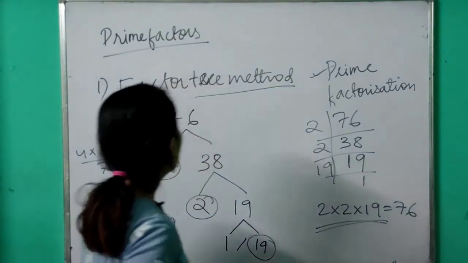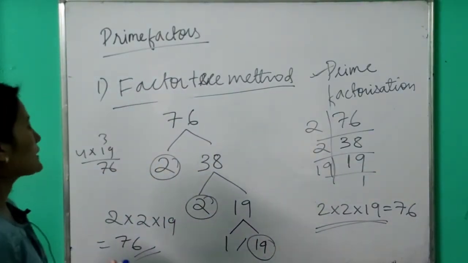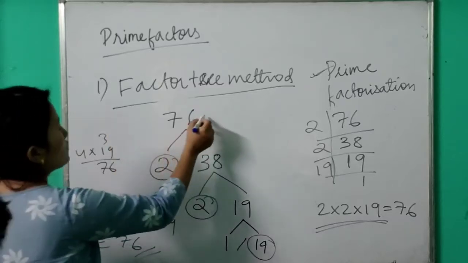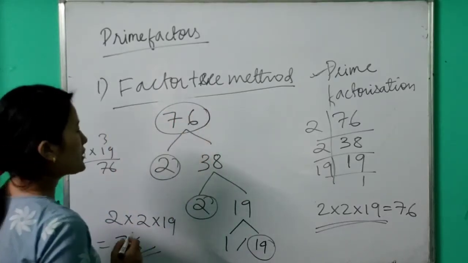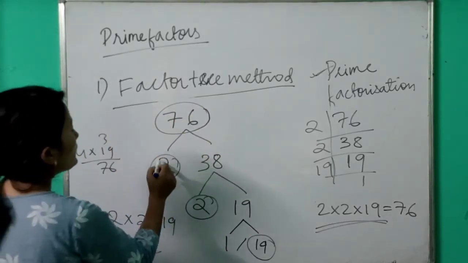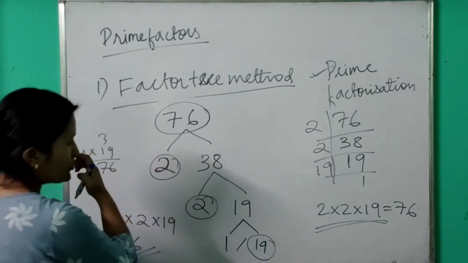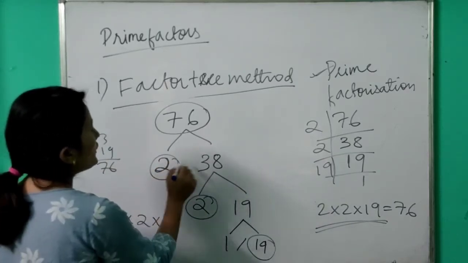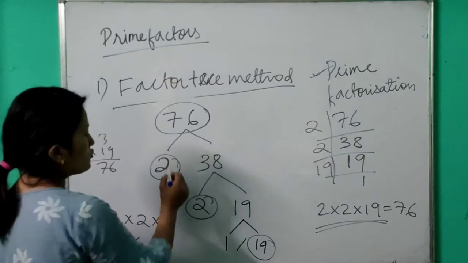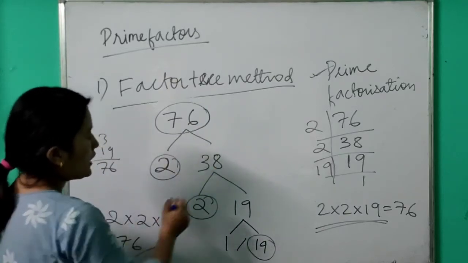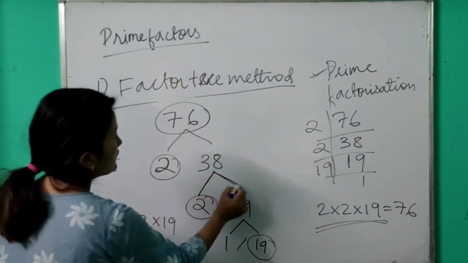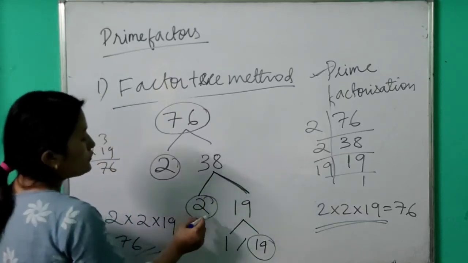Okay, first let us see one example and do it. Find the prime factors of 76. Starting with the lowest prime number, that is 2, 2 into how much would give you 76? 2 into 38 would give you 76. Now again let's divide 38 starting with the smaller number.